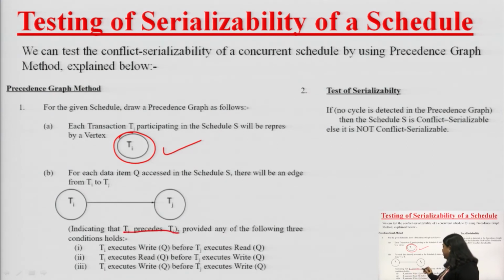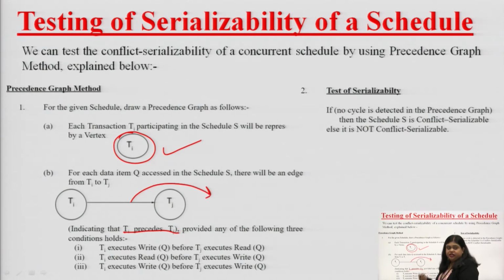That means T i is getting executed before T j, provided any of the following three conditions hold. What are the three conditions that are specified over here? The first is that T i executes write Q before T j executes read Q. It is telling you the meaning of this edge, right.